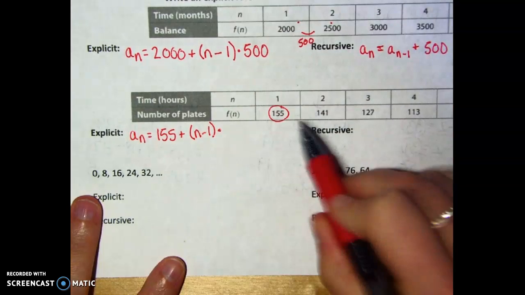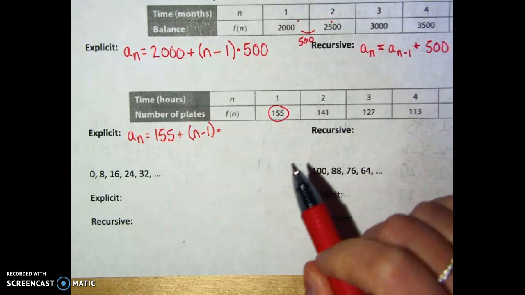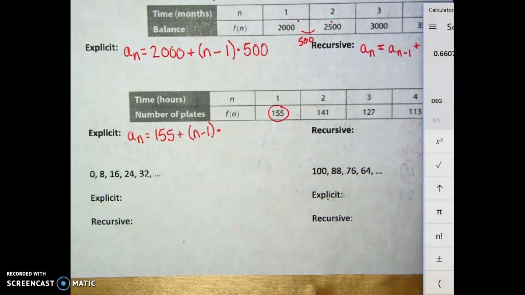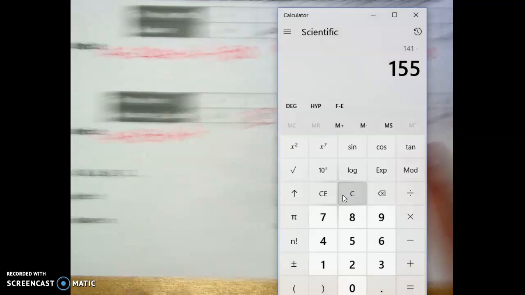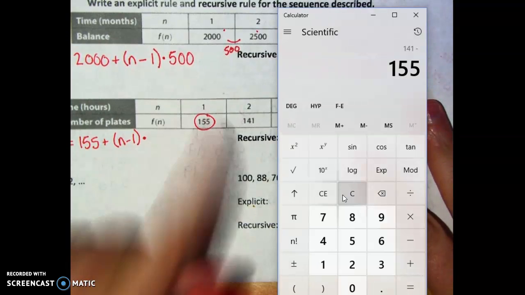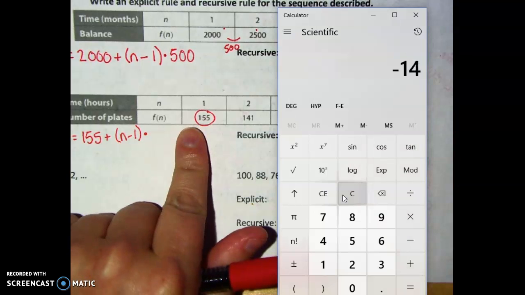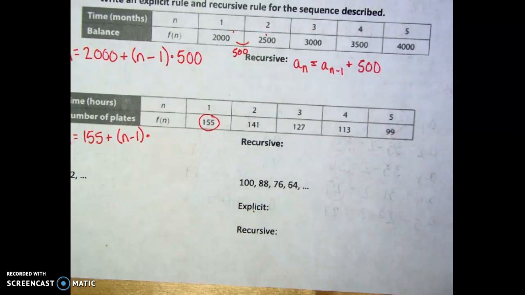Times, and the common difference, if you're not sure, you can do 141 minus 155 on the calculator. In this case, we are doing it correctly, like how they want us to. 141 minus 155 is negative 14. So our common difference is negative 14.